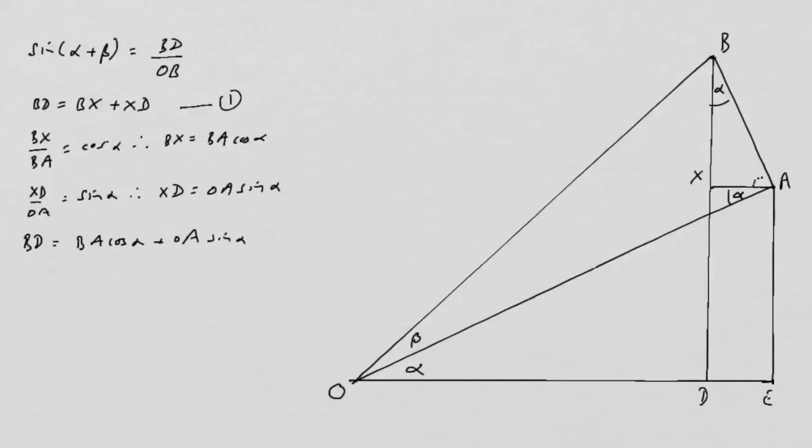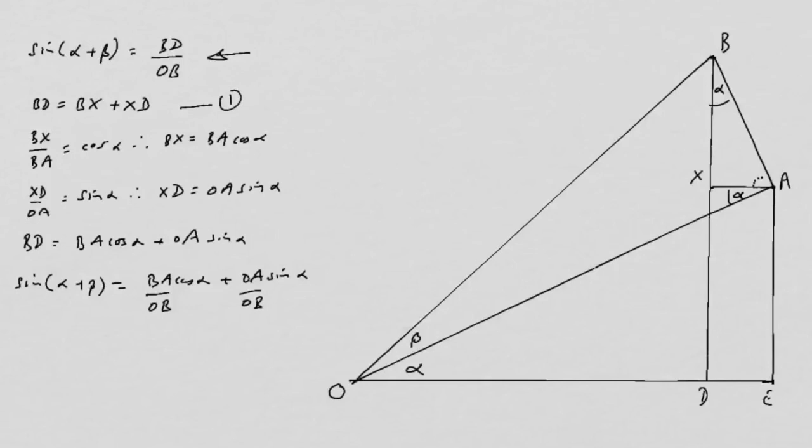Now we can then replace the BD in our original equation up here, which gives us sine of alpha plus beta equals BA cos alpha plus OA sine alpha, and because it's all divided by OB, we can just divide each part by OB.